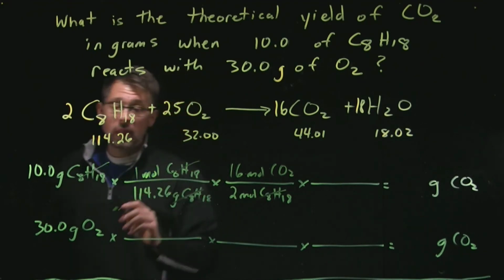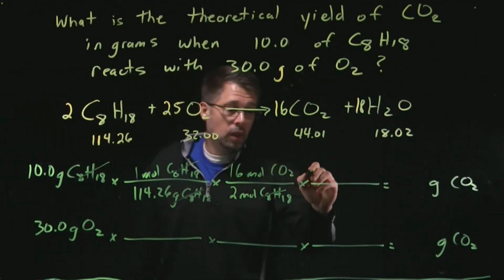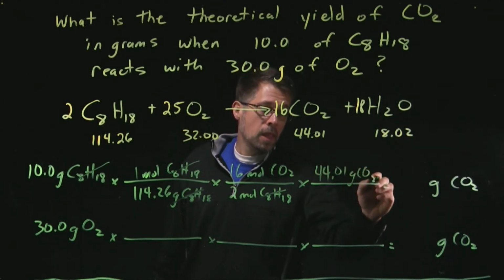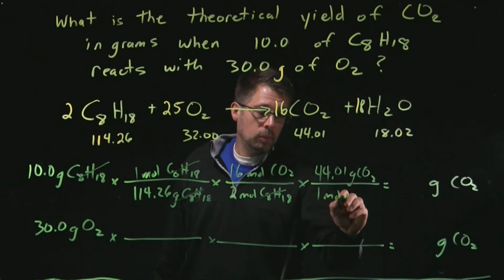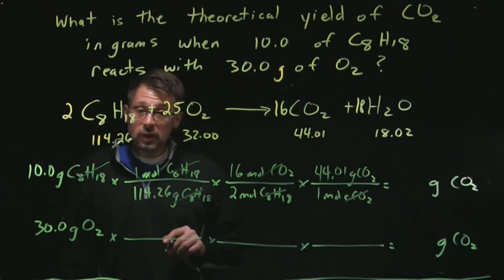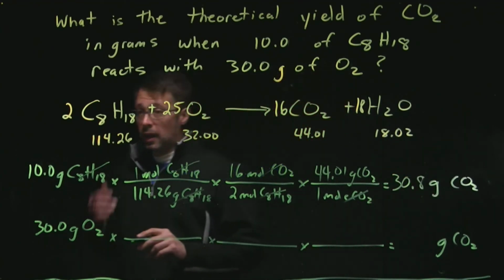And you'll notice now I'm at moles of CO2. I want grams of CO2, so I take my 44.01 grams, and that's how many are in 1 mole of CO2. That cancels as well. I went through and did the math. This gives you 30.8 grams of carbon dioxide.